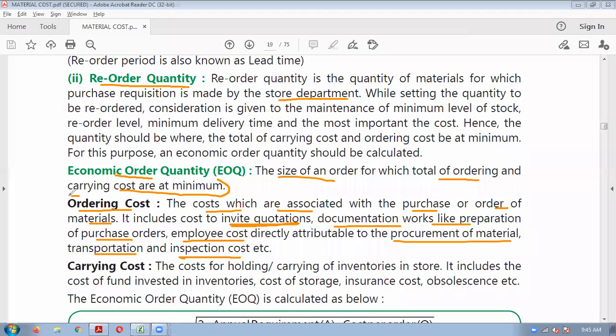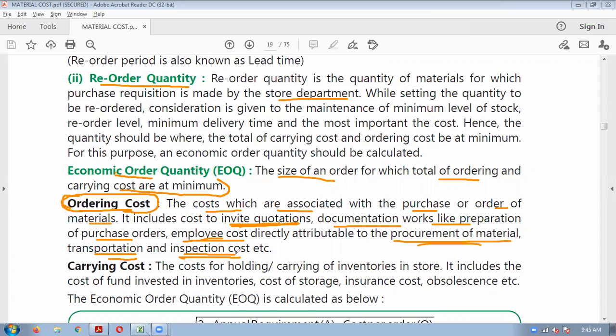Otherwise, if defective materials are there, you will not come to know.